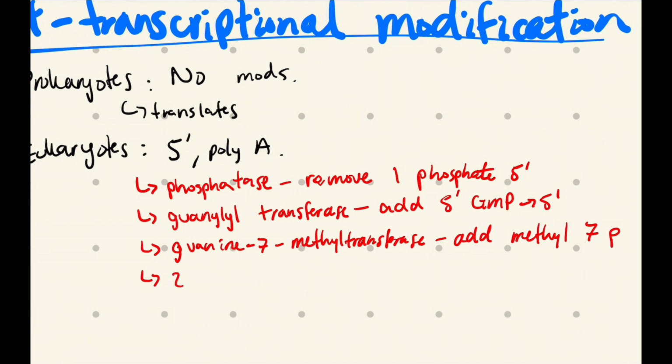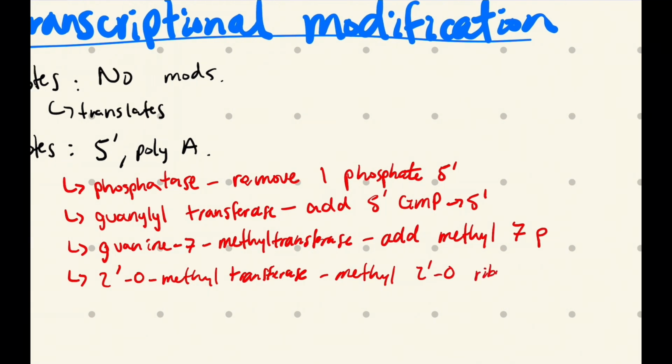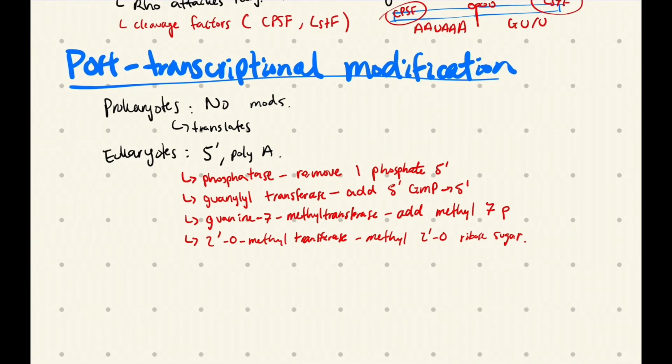So you're going to have a 2'-O methyltransferase. Transferase is going to add a methyl to the 2' oxygen on the ribose sugar. Now, what do you really have to know from this? I would say know all of the enzymes, just generally, and just know that you need to add that 5' cap, and you need to add a poly A tail, right?